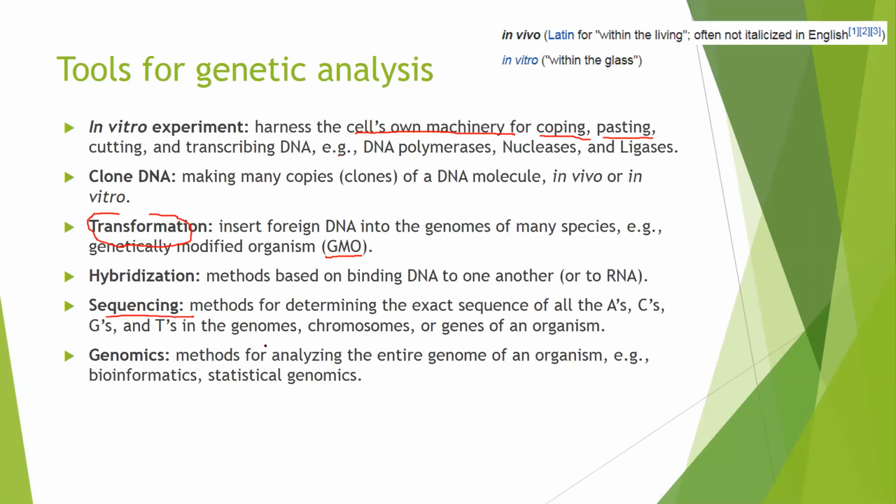Sequencing is so hot, so popular. I don't want to go deeper, but most of you have already heard of it. If you put sequencing in the Google search box, you'll end up with tons of information about this technology, and also genomics.